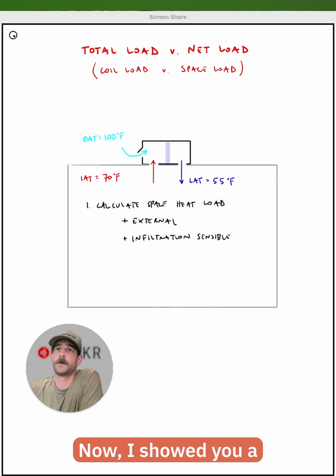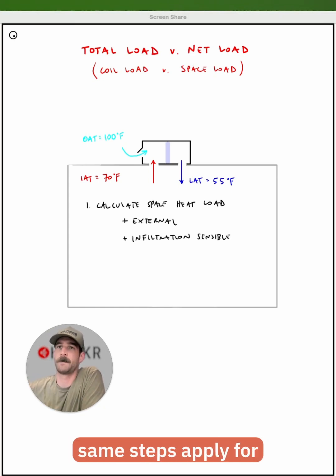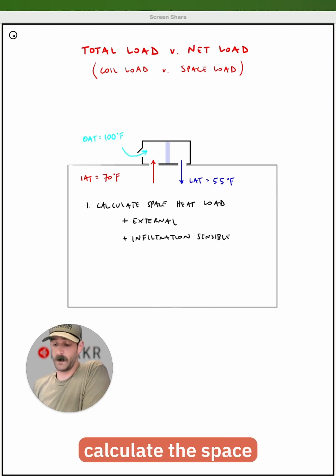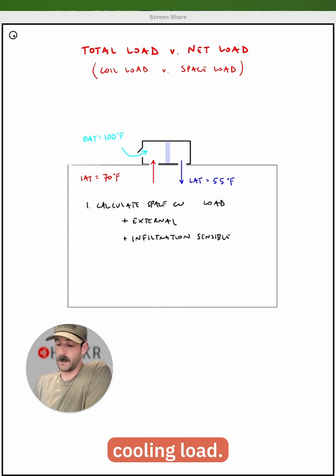Now, I showed you a very simple system setup, but the same concept and the same steps apply for a more complex configuration. So let's take another example. This time we're in cooling mode and we actually have return air going back to the unit. It's going to mix with our required amount of ventilation air. The coil is going to be handling that, and it's still going to be reaching a certain discharge temperature. So the same steps apply, where first we calculate the space cooling load.